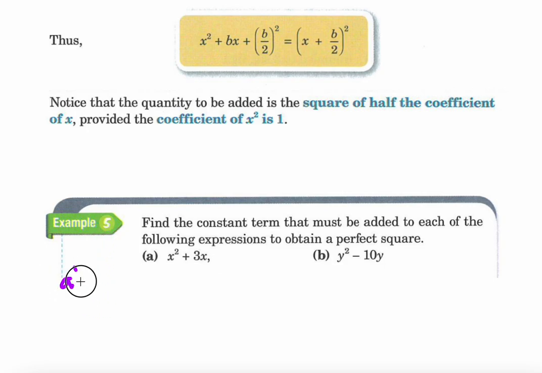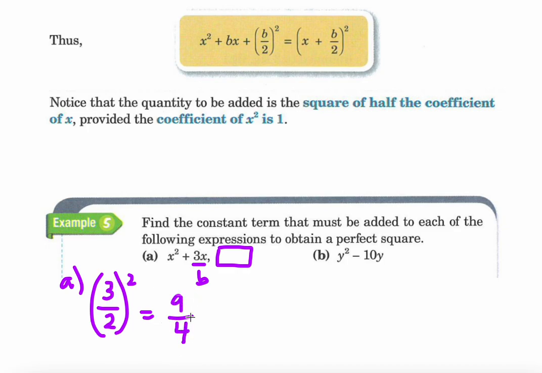All right, so for A, remember in order to figure out that constant term that needs to be added, we're taking the b value, the b is 3, divide by 2, and then we are squaring it. So it ends up being 9/4. So 9/4 is what we need to add in order to complete the square.